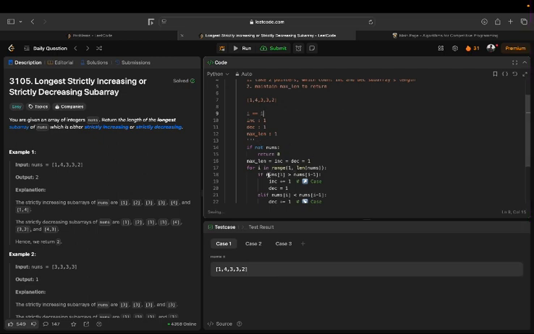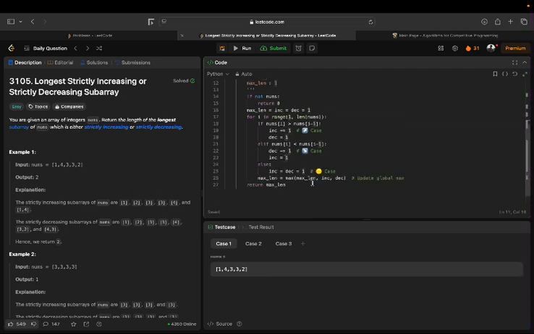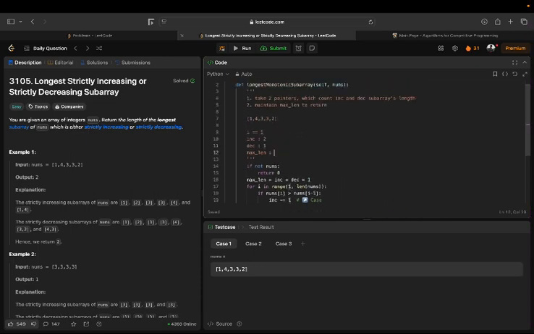Is num[i] greater than num[i-1]? Yes, so increasing will be 2, decreasing will be 1, and max length will be the maximum of increasing, decreasing, and max. So max length will now be 2, because we consider the maximum of all these three.